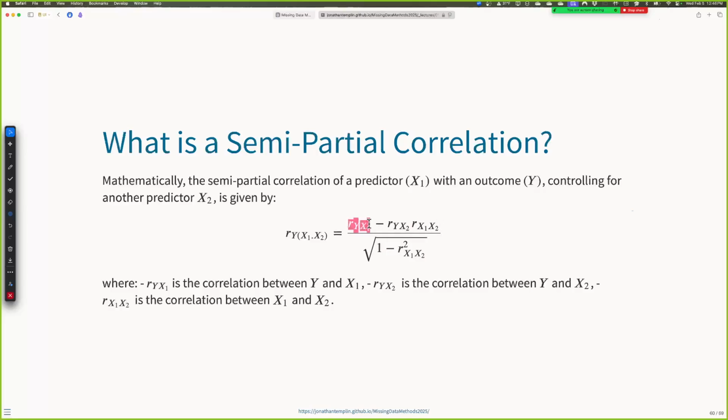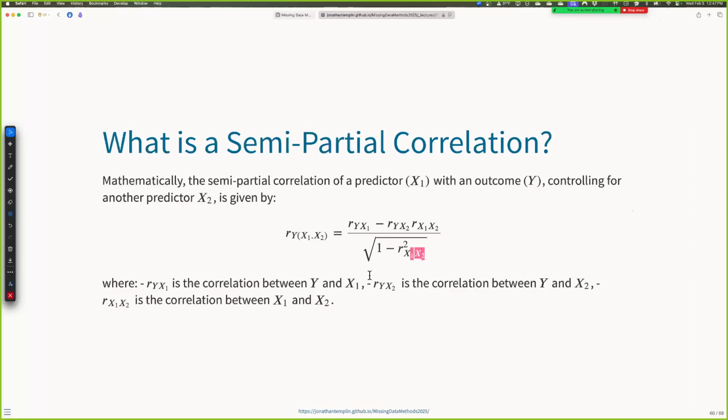So we take the correlation between our desired part, x1, and y. We subtract from it the correlation of y with the auxiliary variable, the thing we want to control for, x2, times the correlation of x1 with x2. And we divide that whole thing by the square root of 1 minus r squared, the squared correlation between x1 and x2.